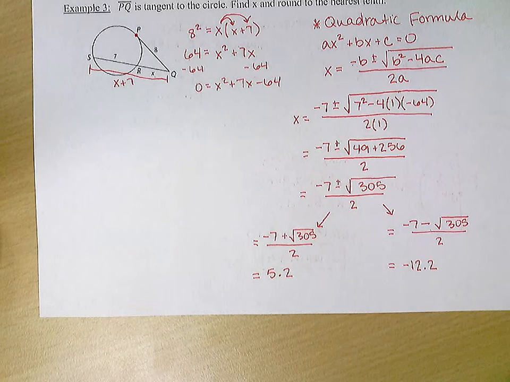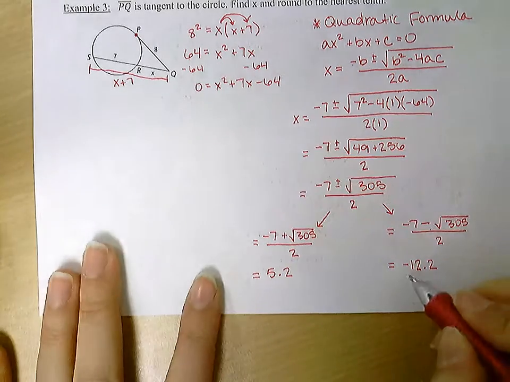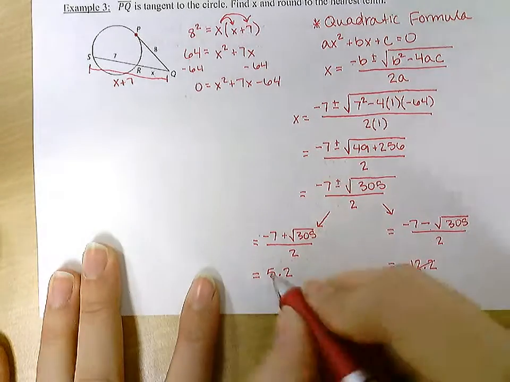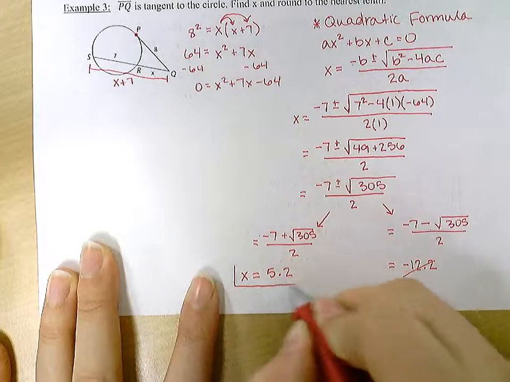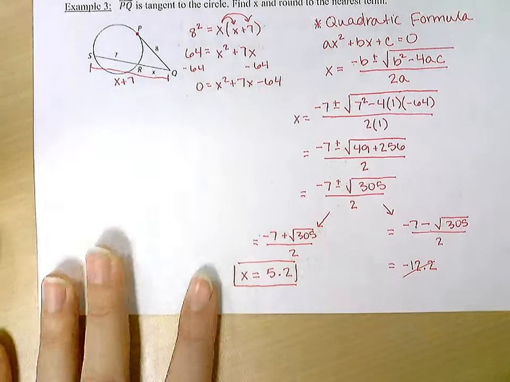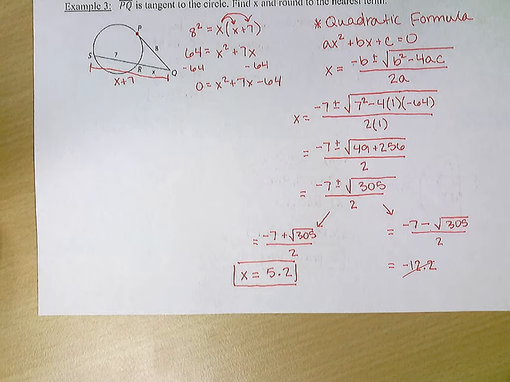Okay, and again, since I'm talking about the length of a segment, you don't want that negative piece as your final answer. So our x value will be 5.2. Now, for any quadratic, you can use the quadratic formula even if it is factorable.